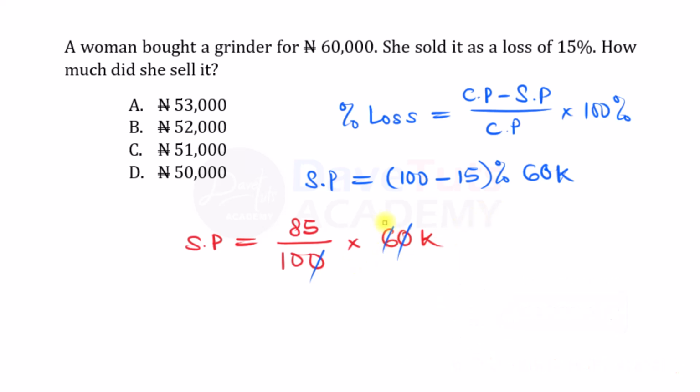So 6, I can use 2 to divide 6, giving me 3. 2 in 10 is 5. 5 here 1. 5 in 85, 5 is in 8 is 1, remaining 3. 5 in 35, that is 7. So you have this as 17 times 3k, such that my selling price is nothing but 3 times 7 is 21, remaining 2, 3 times 1 is 3, plus that 2 is 5, so 51k, and looking at the options, that is 51,000.